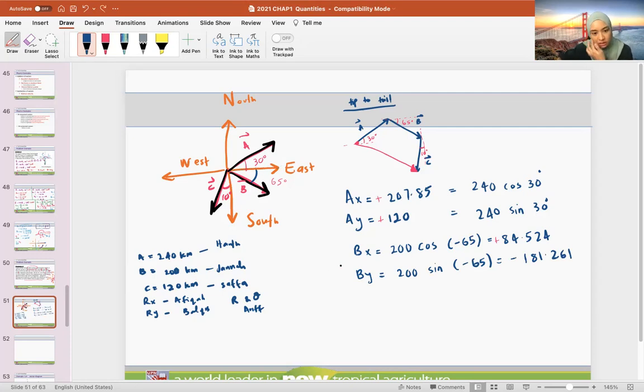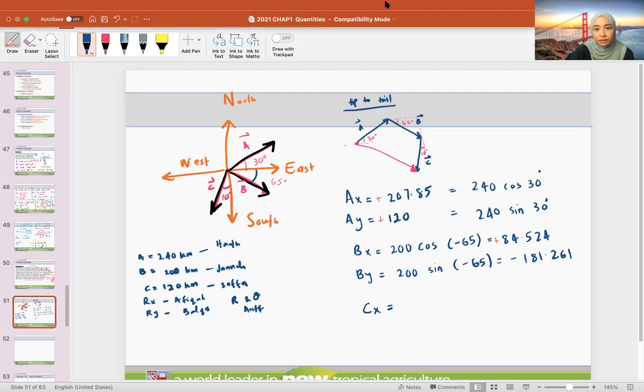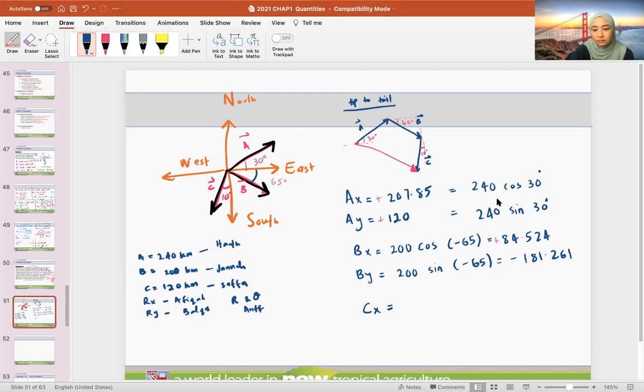Okay, so C is Safa. Safa typing ke? Lah tak unmute lah. Okay, for C component X, 120 cos 260 equal to negative 20.838.